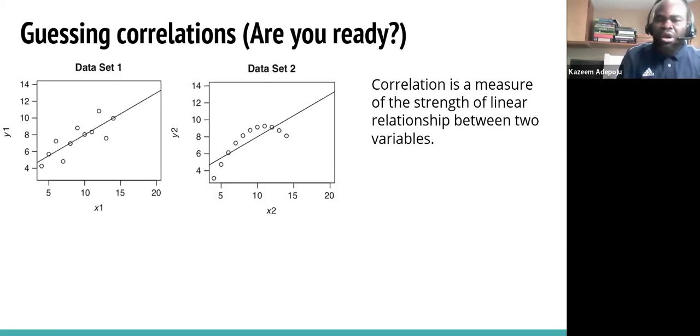Now, the practical assignment that I've given you, I'm going to talk about it tomorrow. You need to work on a data set, and that data set has to come from your discipline, from where you are majoring.